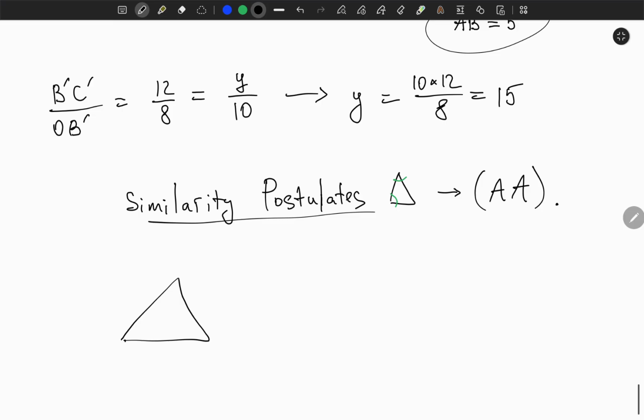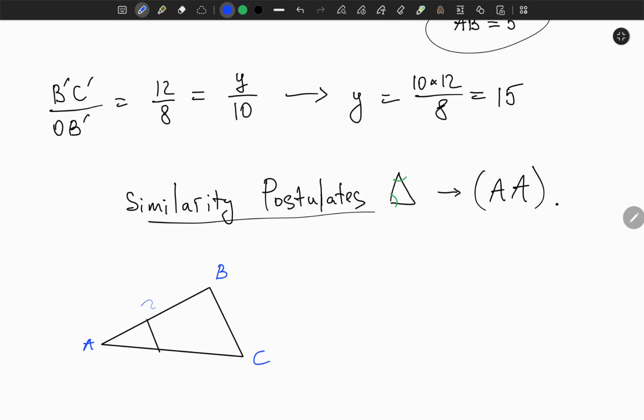So imagine if we have one triangle, like this. Triangle ABC, and some triangle somewhere here. Let me do it like this. The important fact, if this let it be some B prime and here C prime, the most important point here, these two lines are parallel.